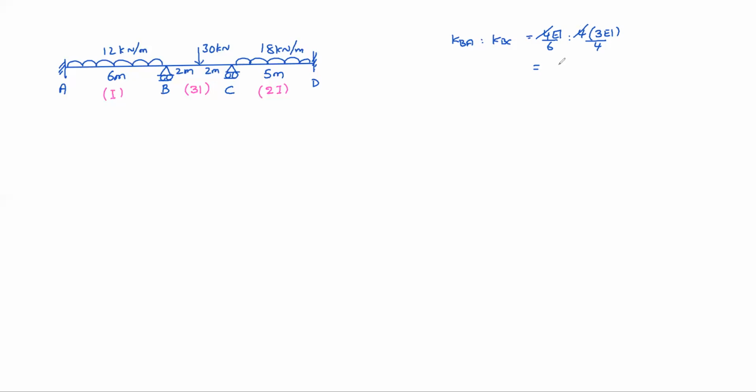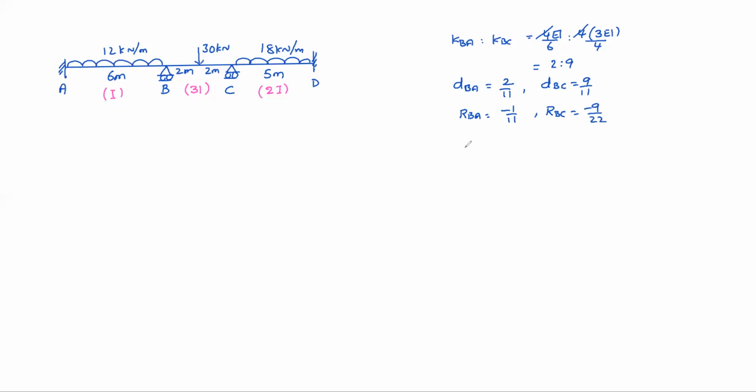So distribution factor of BA equal to 2 by 11. Distribution factor of BC equal to 9 by 11. Rotation factor of BA equal to minus 1 by 11. Rotation factor of BC equal to minus 9 by 22.